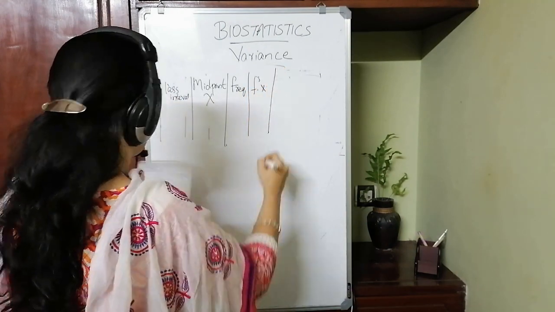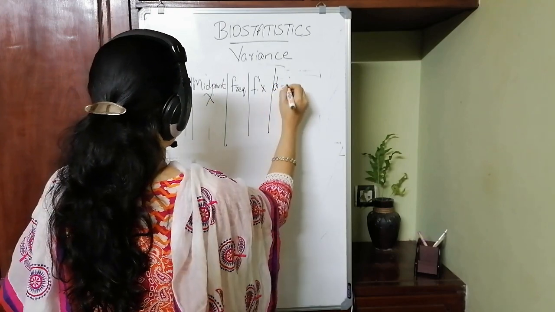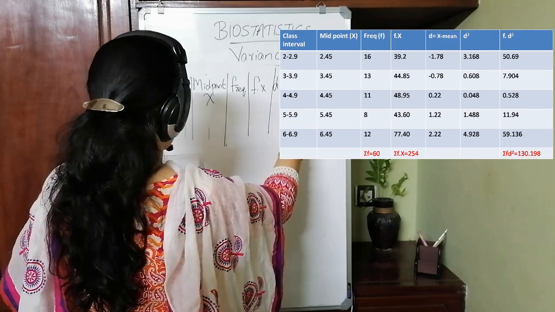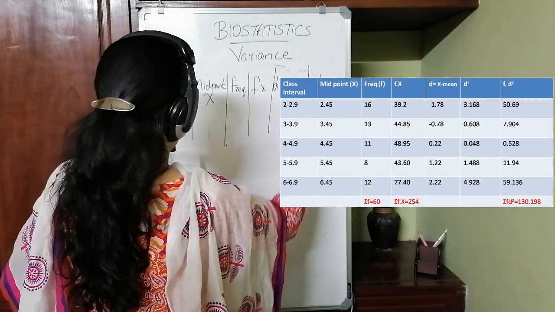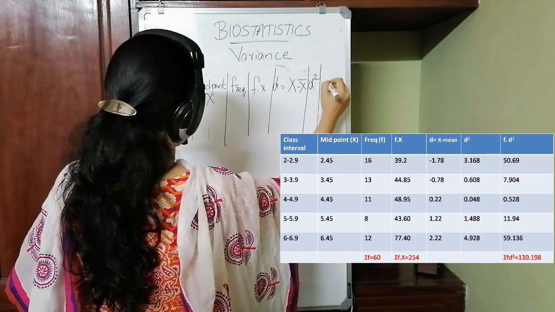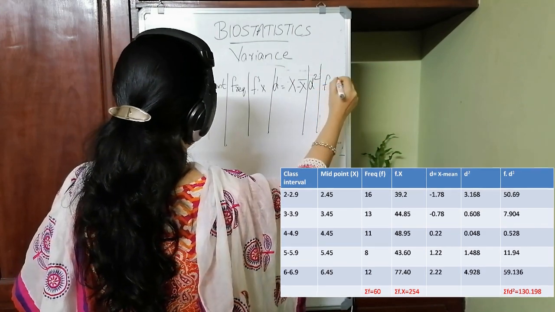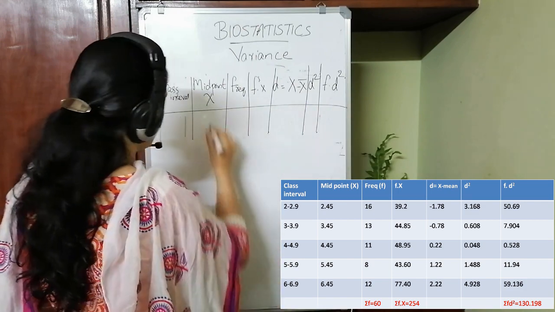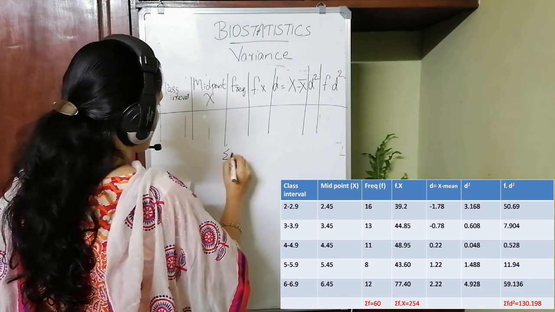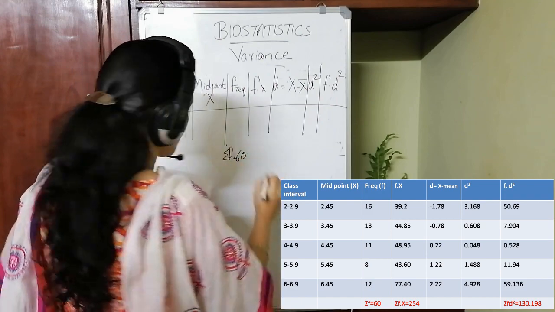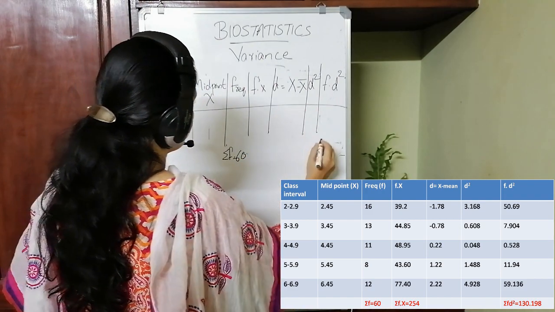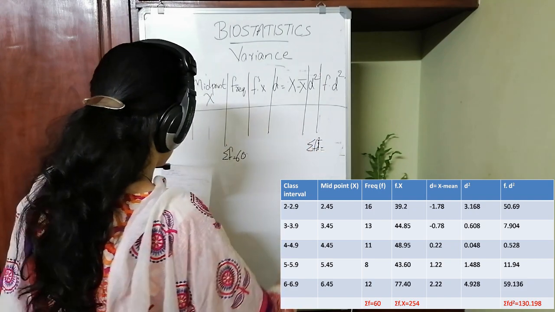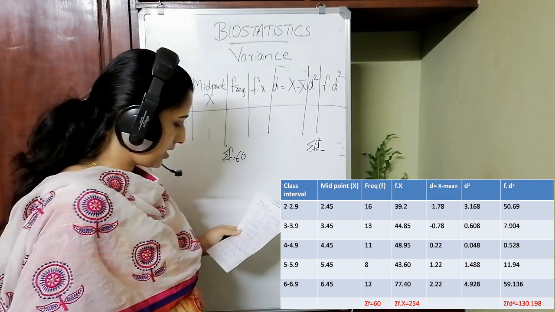The next column is for d, where d is equal to x minus x bar. Then the next columns are for d square and f d square. Complete the table. Here you have to find sigma f, which is equal to 60. Then you have to find sigma fd square, which is equal to 130.198.